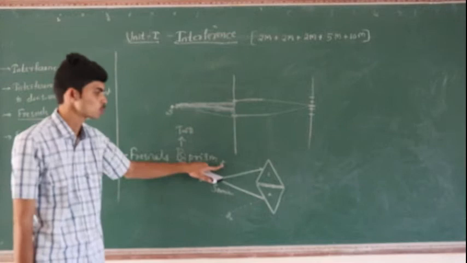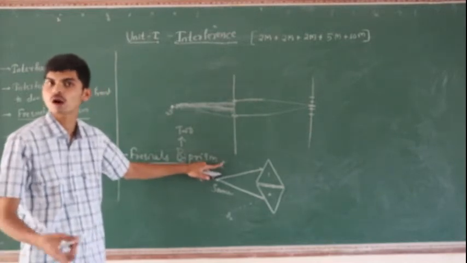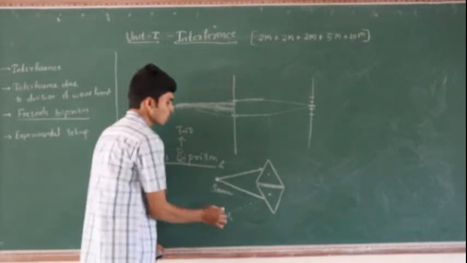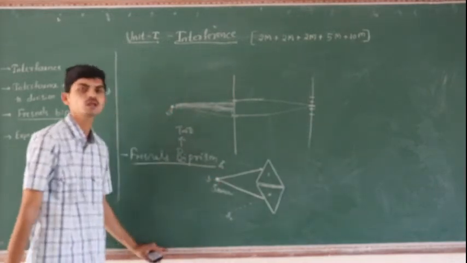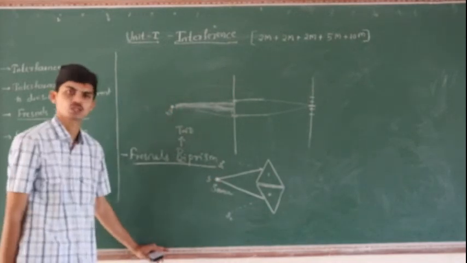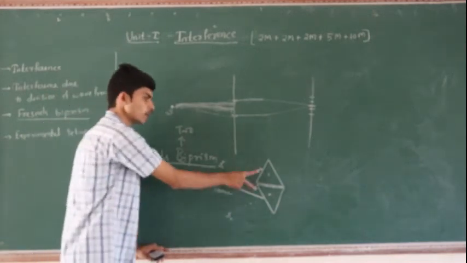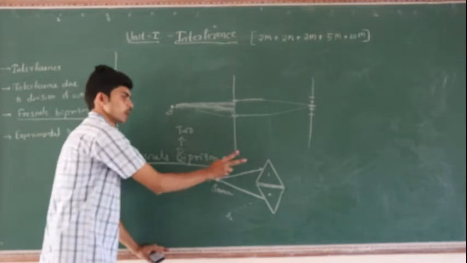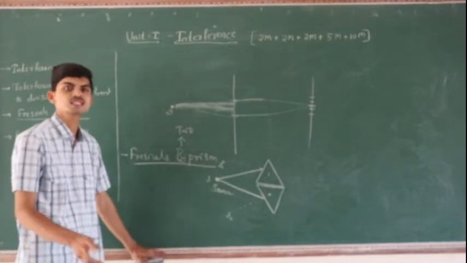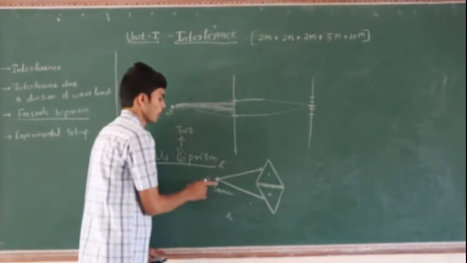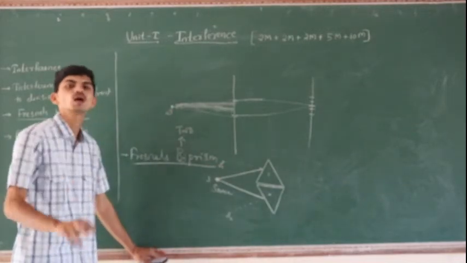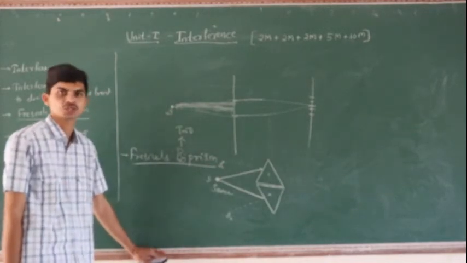S1 is formed from the source S only, and S2 is formed from the source S only, but through different prisms, prism number 1 and prism number 2. S1 and S2 are the two virtual images.